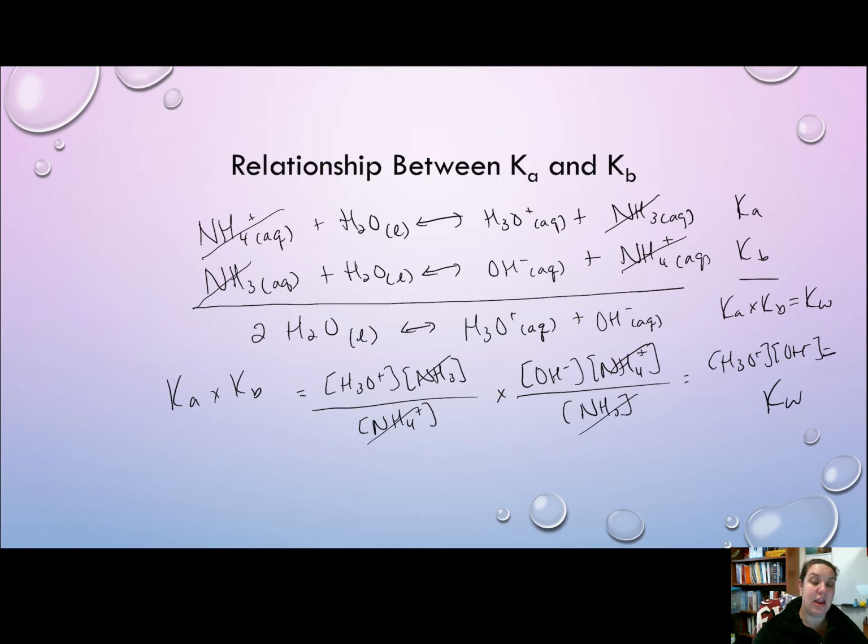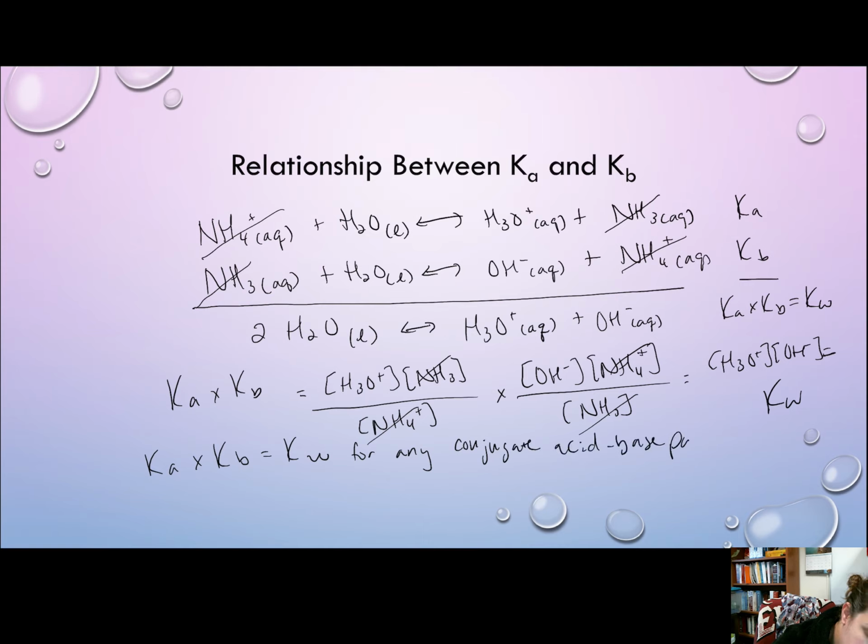So if we have an acid and its conjugate base, or a base and its conjugate acid, we can multiply Ka and Kb together for those to get Kw. So Ka times Kb equals Kw for any conjugate acid-base pair. Obviously, we have to have a Ka and Kb, so we're talking about weak acid, weak base.